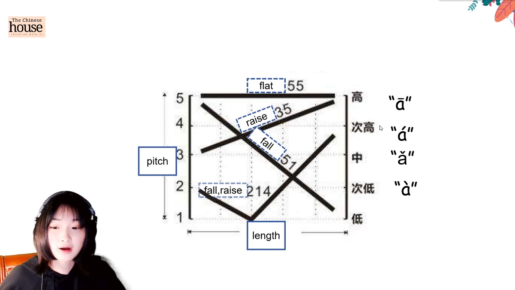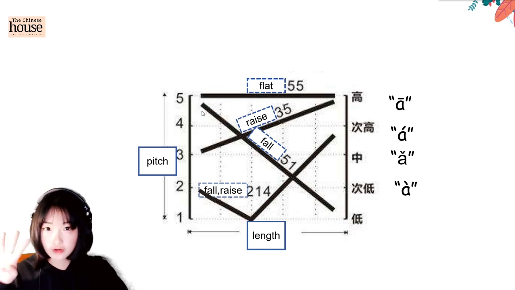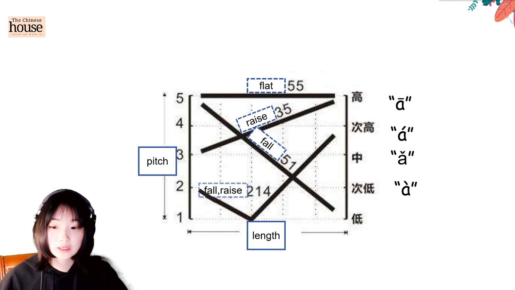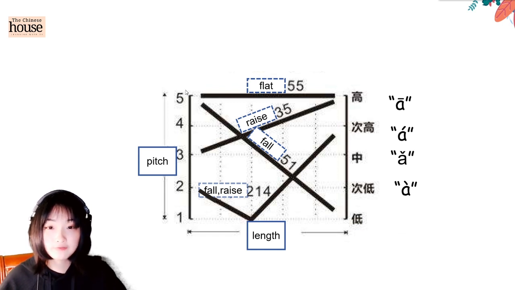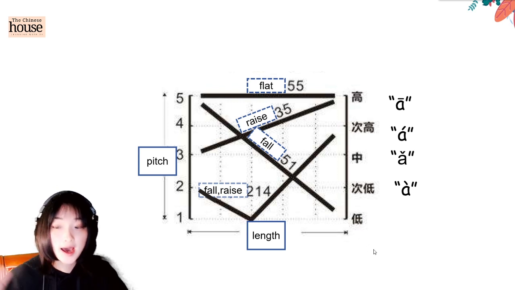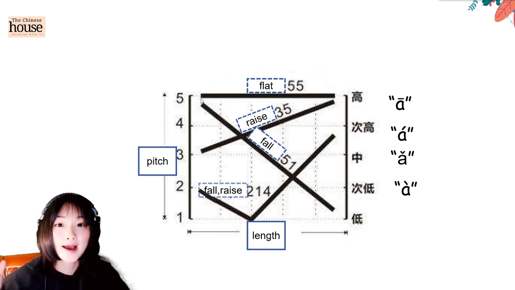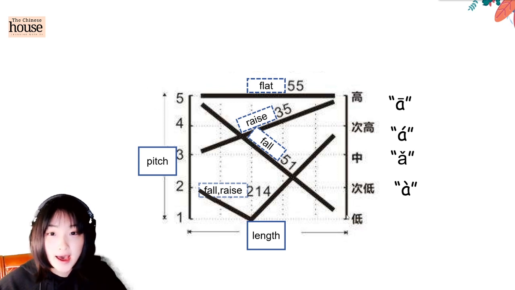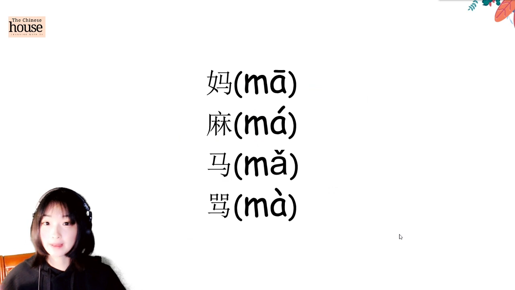It's a little bit hard. And then the fourth tone, the falling tone, goes from 5, the highest, to 1, the lowest. Okay, let's just stop it.